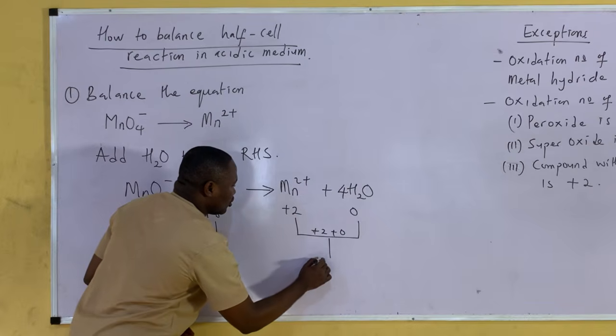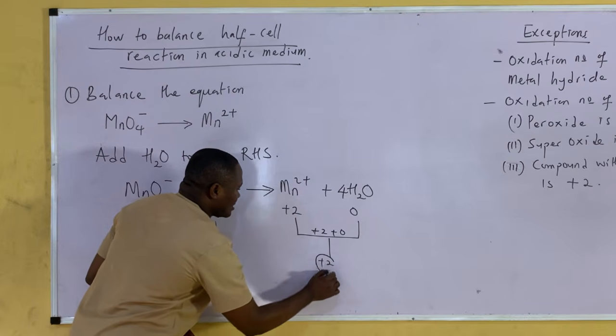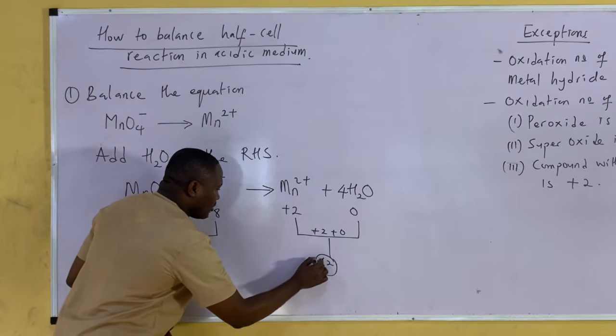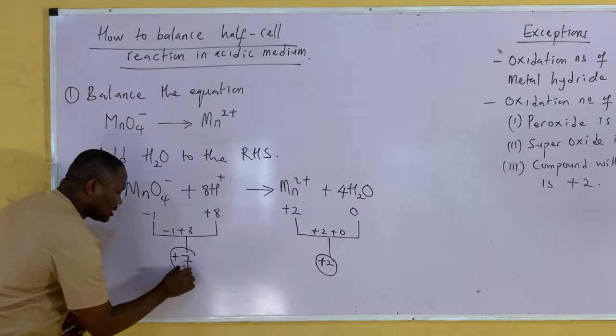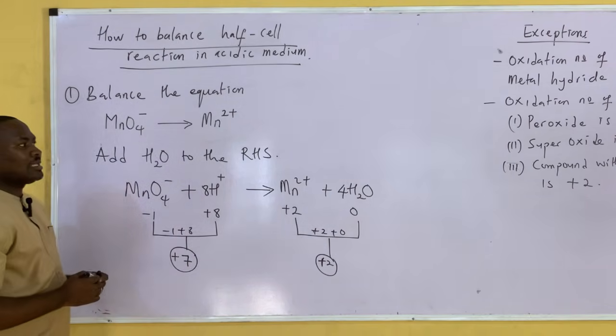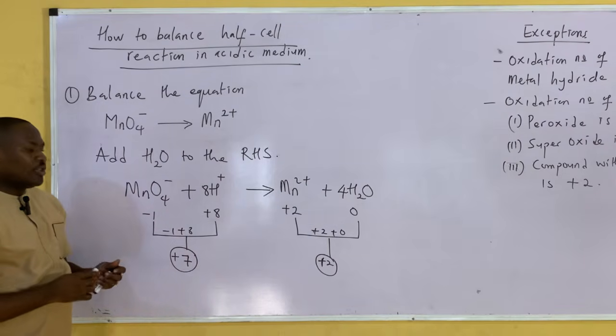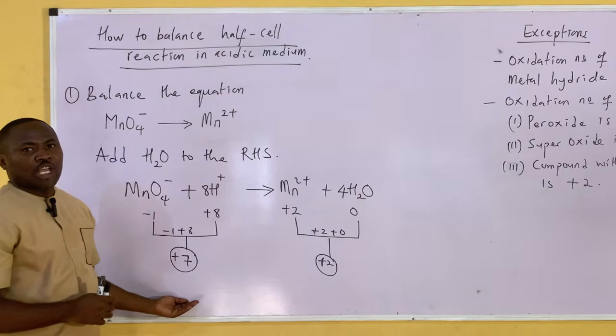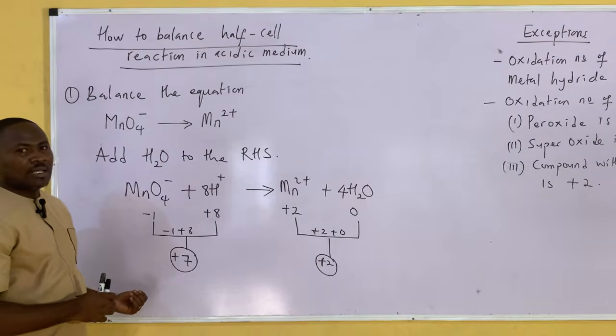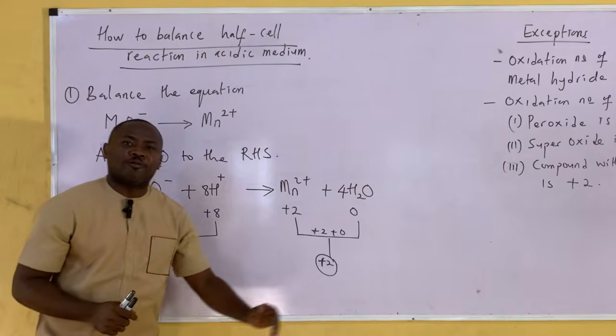So I'm having +2 at this side. Now take note of this, very important: +2 and +7. So now you realize that both sides do not have the same charge. There is an increase in the charge number at the reactant side more than that of the product side.